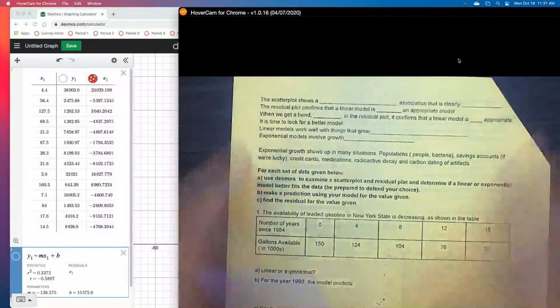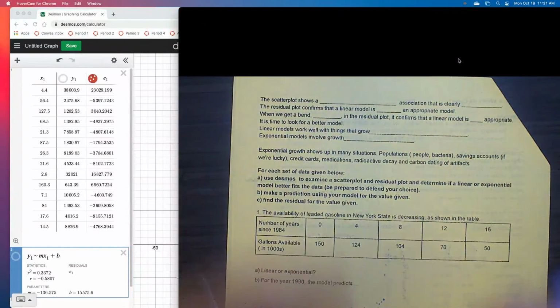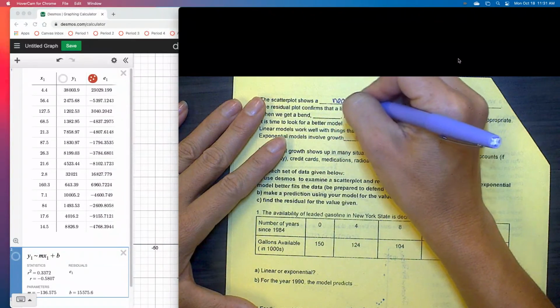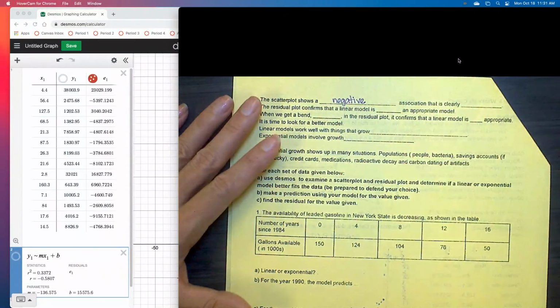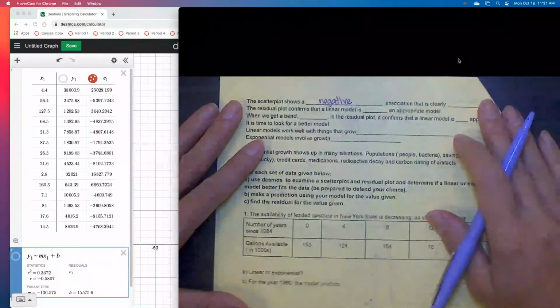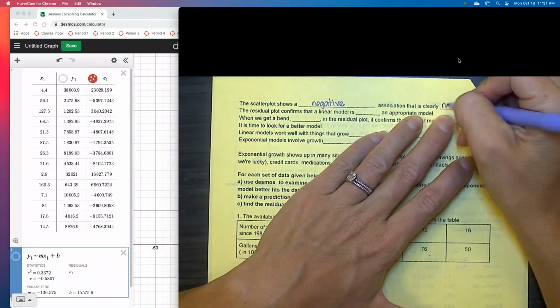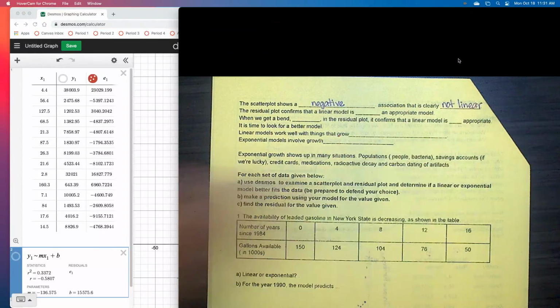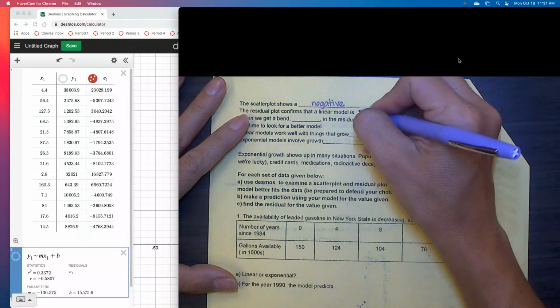Okay, so number 1, the scatter plot shows a negative association. When we looked at it, it was going downhill, but it's clearly not linear. The residual plot confirms that a linear model is not appropriate.